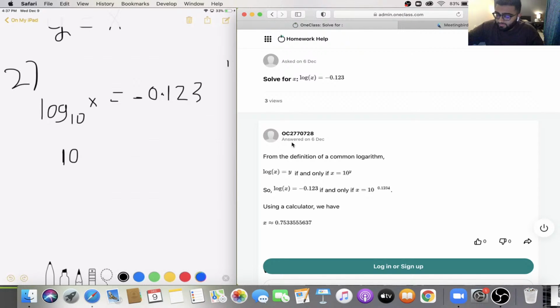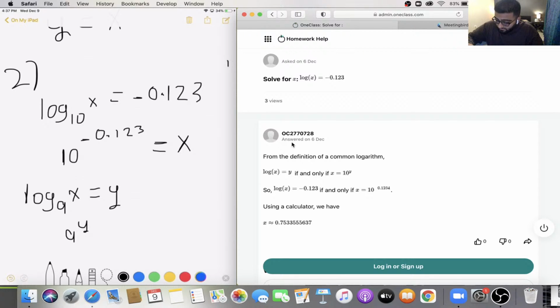We have 10 to the negative 0.123 is equal to our x. That is a log rule right there. I'll write it out in simple terms. So log base a of x equals y. We know what y is, but we want to solve for x, right? Only way to get that is a to the y is equal to x.